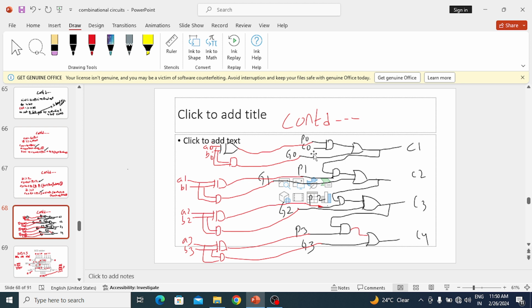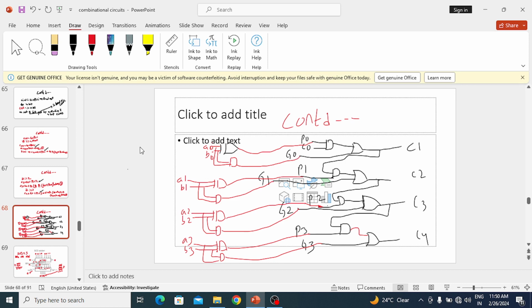Okay, now here we have not mentioned what P0 is, what G0 is, and we have not mentioned A values, B values and Cin values. Cin values we mentioned, but AB values we have not mentioned. Actually those are the numbers A and B. If you don't give A and B, it cannot do addition. So what is this P0? XOR output, nothing but P0 equal to A0 XOR B0.